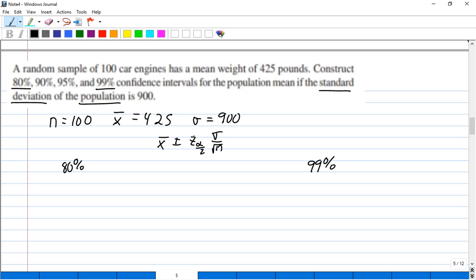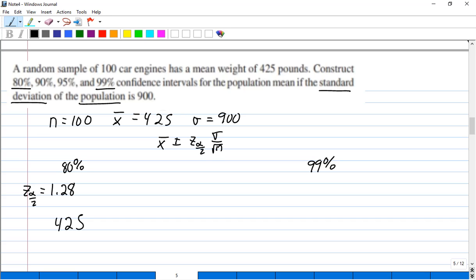We do need the critical z-value for both of these. So what was the critical z-value for 80%? 1.28. So in our formula, we're going to plug in 1.28 for the critical z. The sample mean is 425.